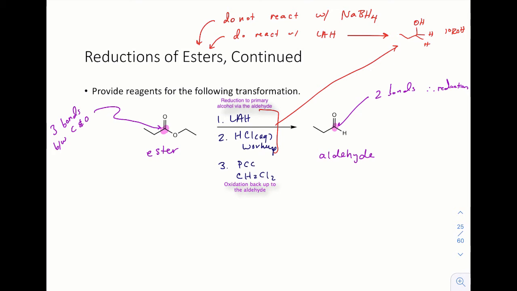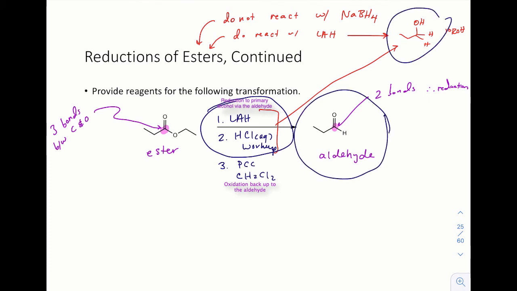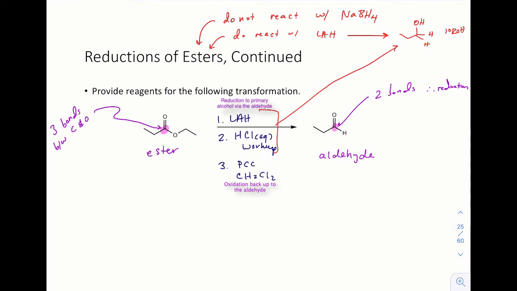Okay, so it's a bit clunky here. We're reducing all the way to the primary alcohol and then oxidizing back up to the aldehyde, but currently this is the only way that we know to effect this transformation. I'm about to show you something beautiful, but we're not there yet. So something beautiful will be happening in a minute.